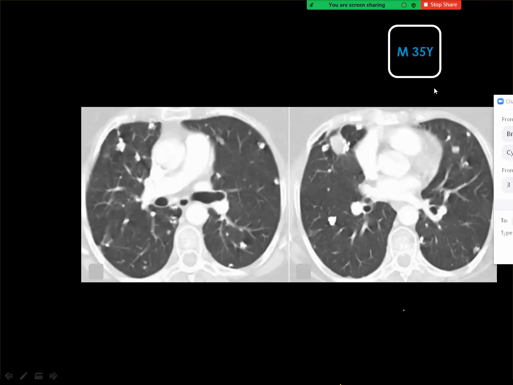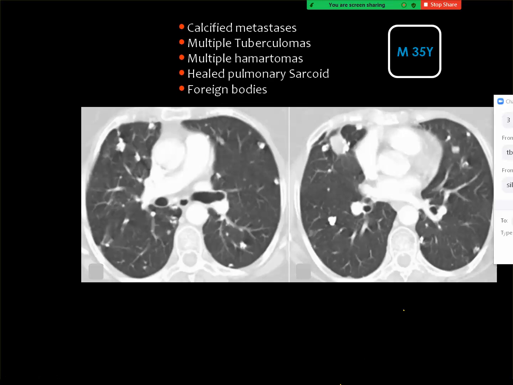Okay, this patient is 35 years old. He has many calcified lesions in both lung fields. What do you think? TB, and this is not miliary TB, and these are not tuberculosis, and this is not the distribution of TB in general. Silicosis, and these are the possibilities.